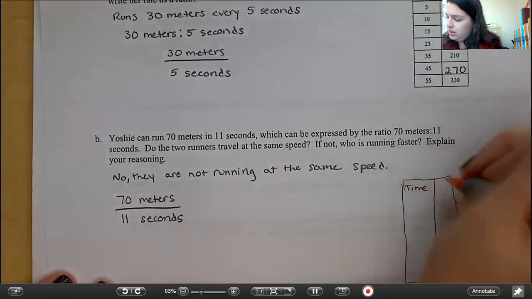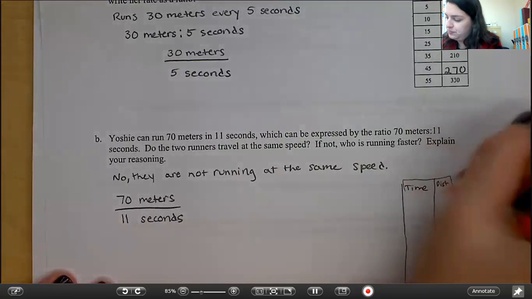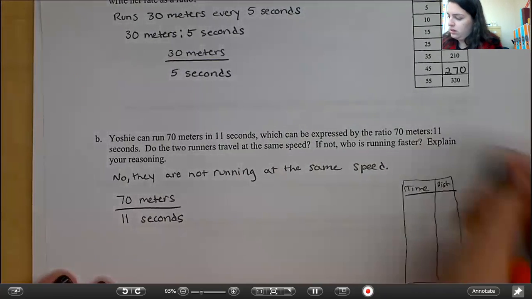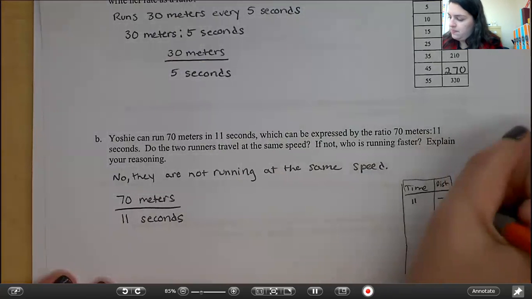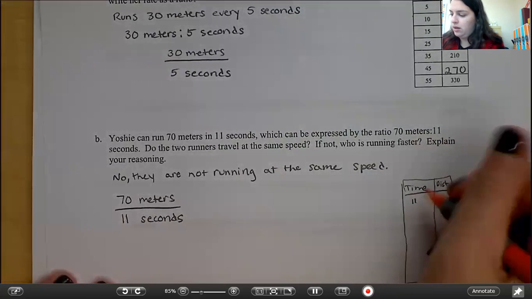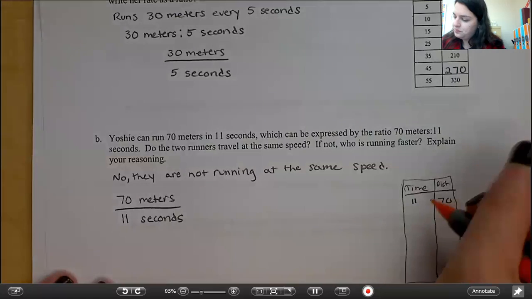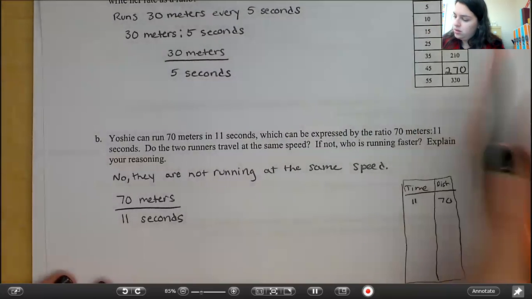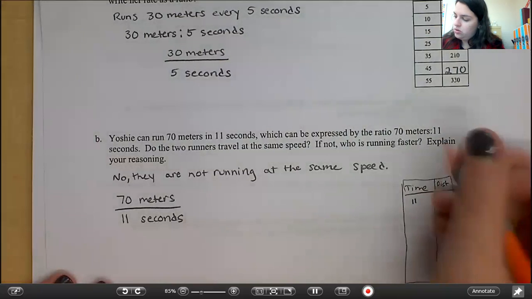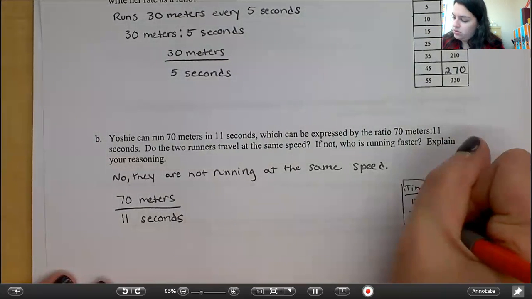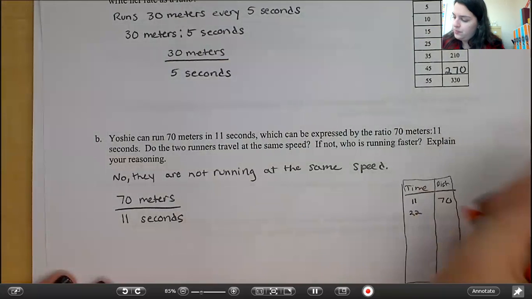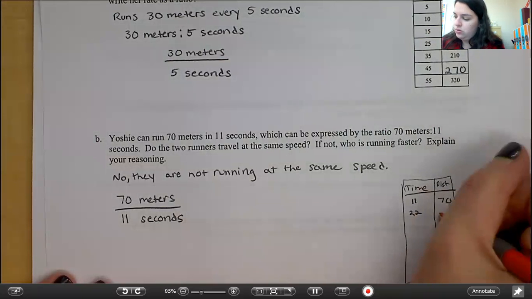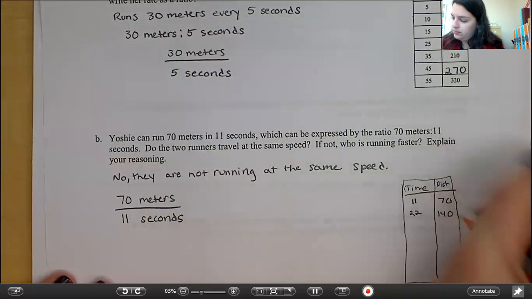My table's not very big. This is distance. So in 11 seconds, 70. So now we have to double everything. Okay, so we want to add 11 again. So it's going to be 22. And 70 times 2 would be 140.